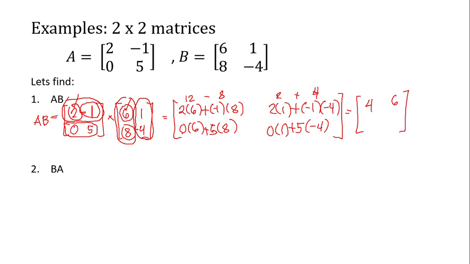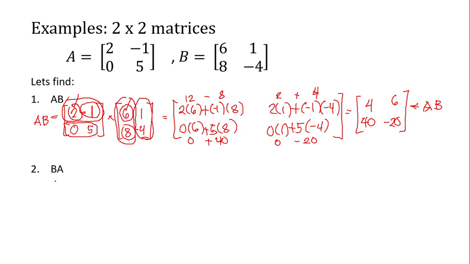Next, 0 times 6 is 0, and 5 times 8 is 40. So, 0 plus 40 is 40. Next, we have 0 times 1 is 0, and 5 times negative 4 is negative 20. So, we have negative 20. So, this is our AB.